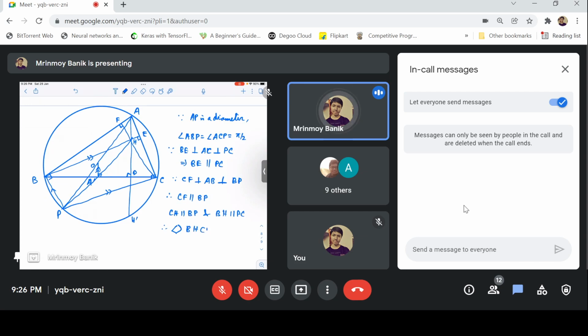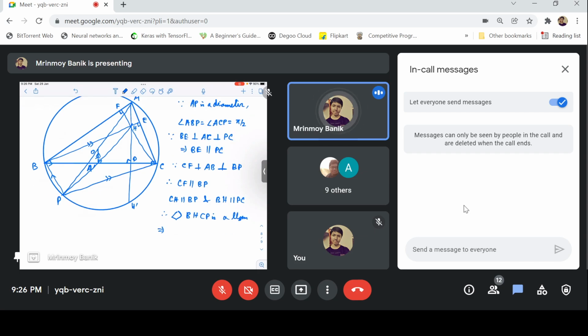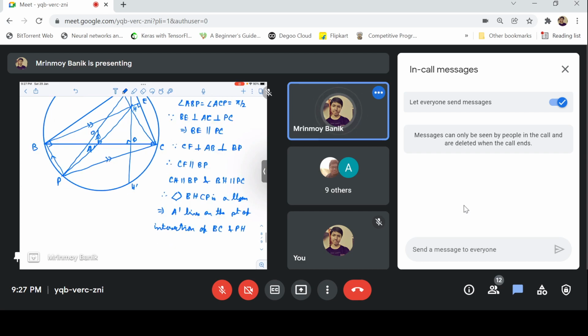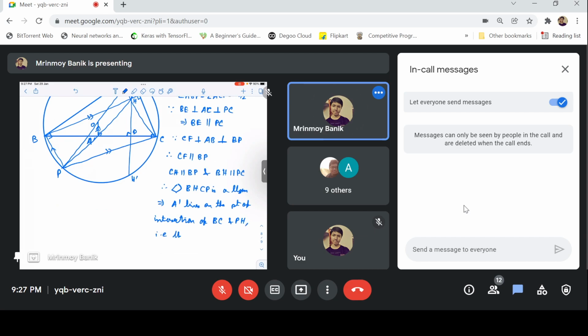quadrilateral BHCP is a parallelogram, which implies that A bar lies on the point of intersection of BC and PH, which are the diagonals of BHCP.